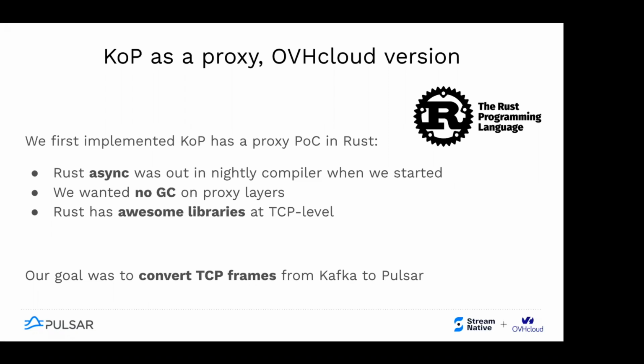We studied this proxy in Rust because we wanted to avoid garbage collecting on proxy layers. And the second reason is that Rust has awesome libraries to work at TCP level. So we imagined something that would convert TCP frames from the Kafka protocol to TCP frames from Pulsar.